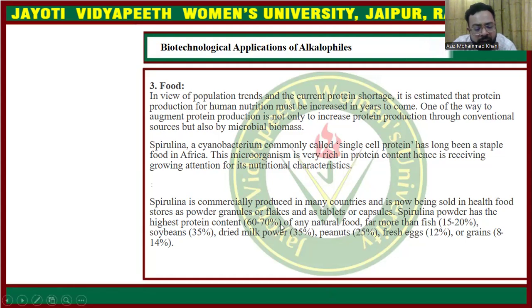Spirulina powder has the highest protein content, 60 to 70%, which is more than fish, more than soybean, more than milk powder, more than peanuts, more than the 12% found in eggs, and more than grains. So spirulina has a maximum protein content of 60 to 70%, which makes it a promising protein diet.